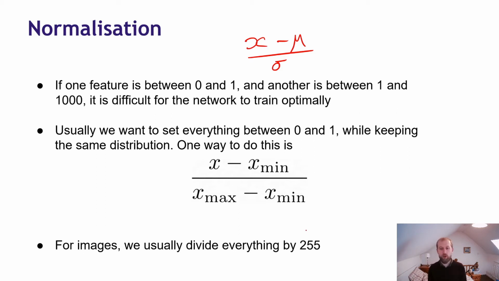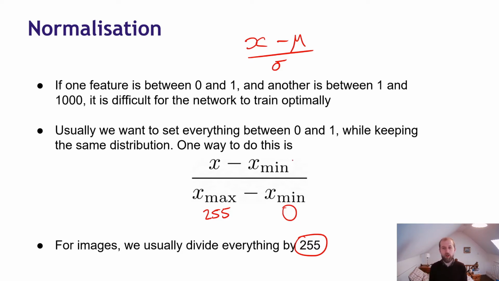And all we do essentially is divide everything by 255, because the maximum pixel value that you're going to have in any of your feature channels will be 255 and the minimum is going to be 0.